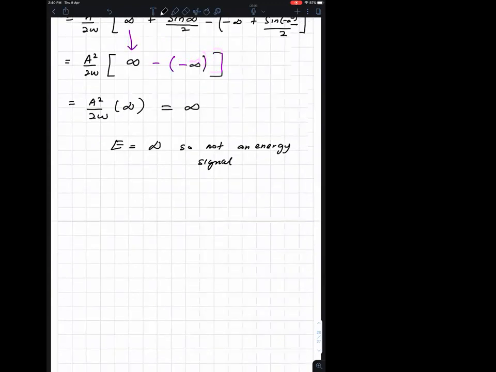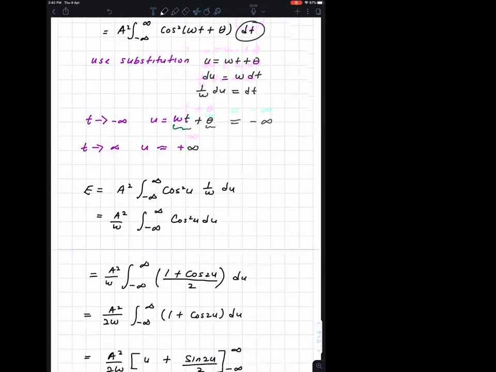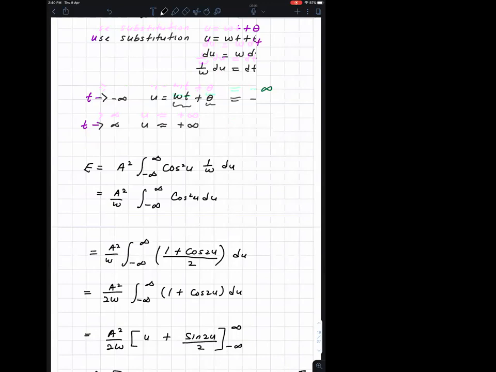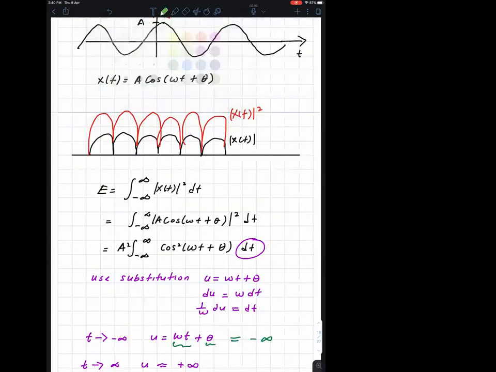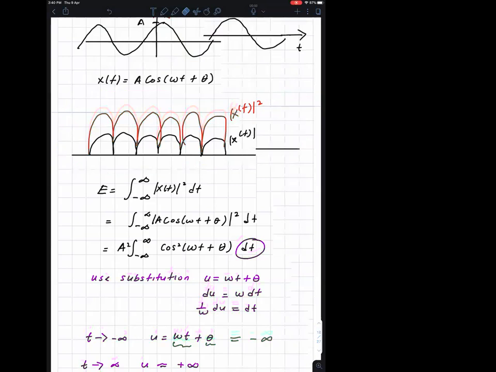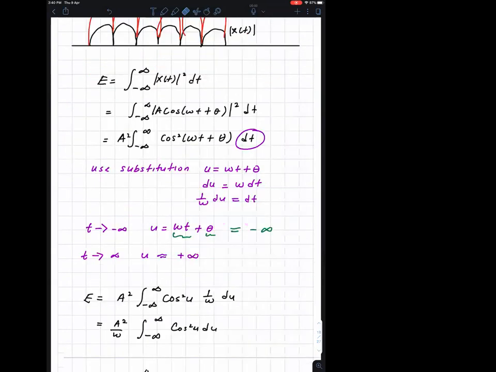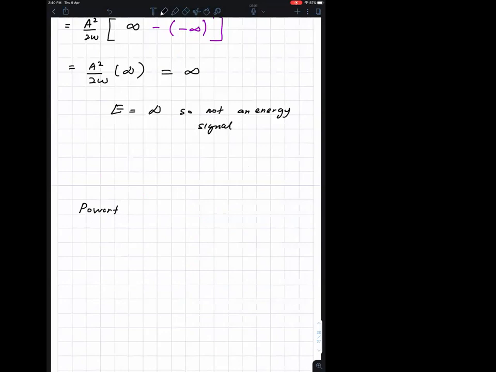I'm doing all these things in detail to show you what this formula is doing. So now let's calculate the power. It's not an energy signal. Is it a power signal?